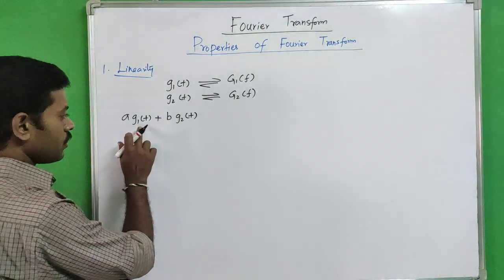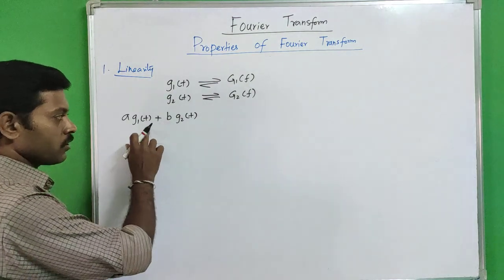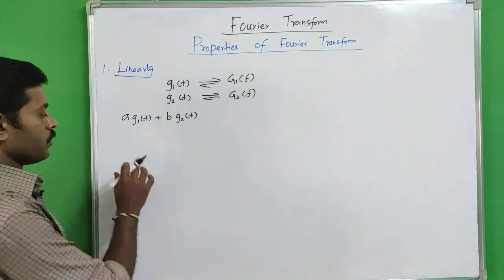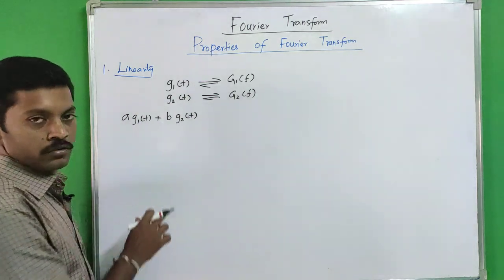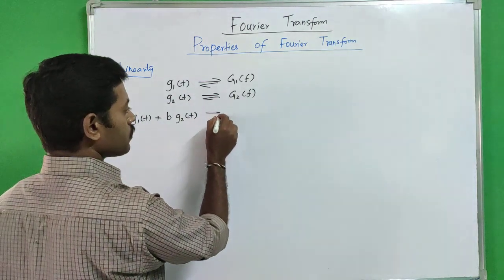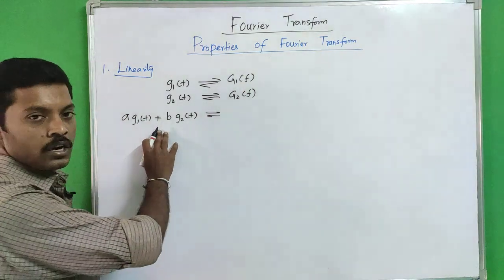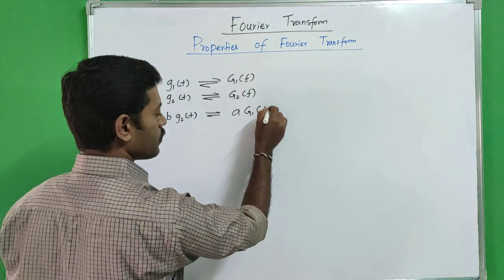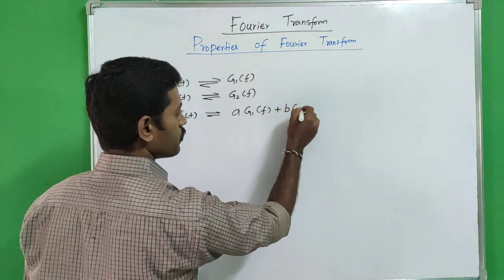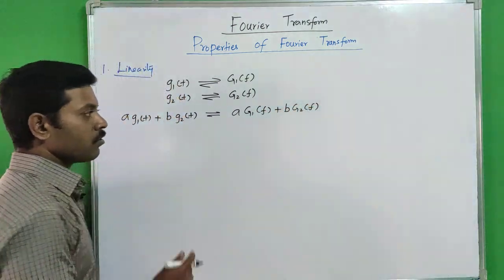This is homogeneous, and while adding these two signals it is the additive property. So if I take the Fourier transform of a g1 of t plus b g2 of t, it has a Fourier transform pair with a times G1 of f plus b times G2 of f. Now we will see the proof.